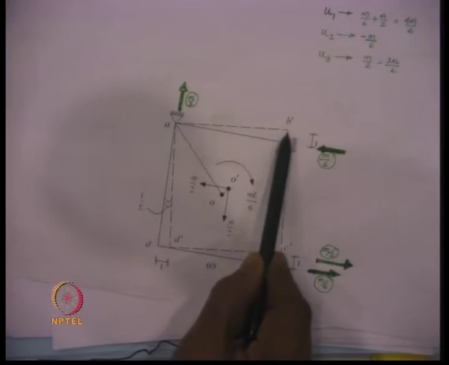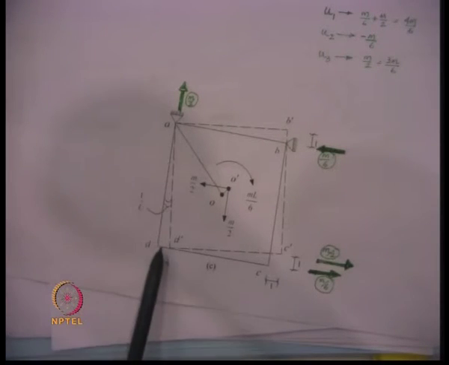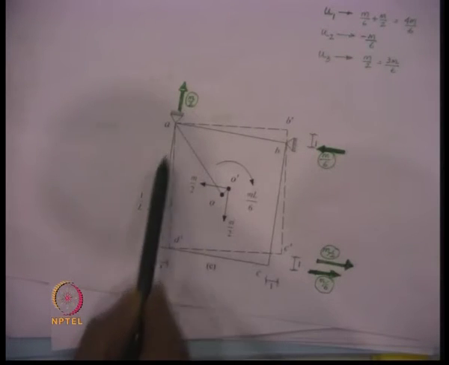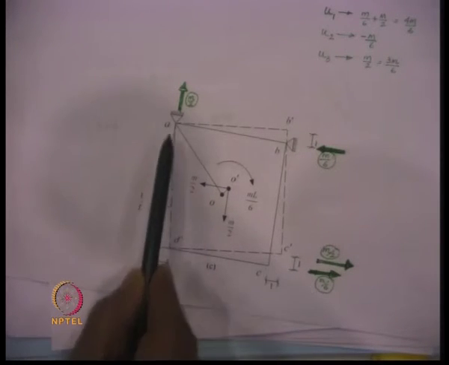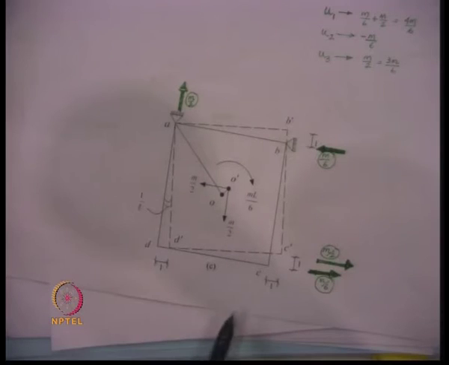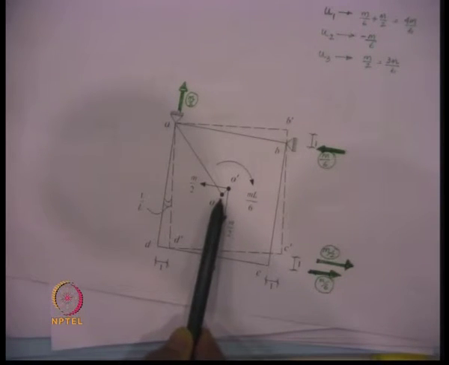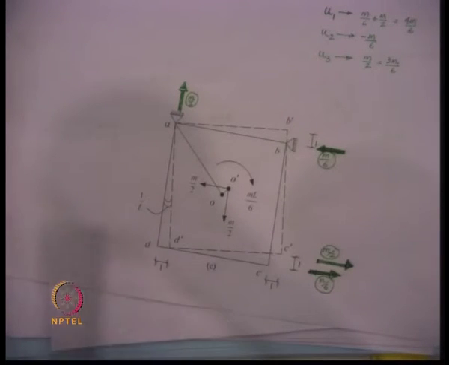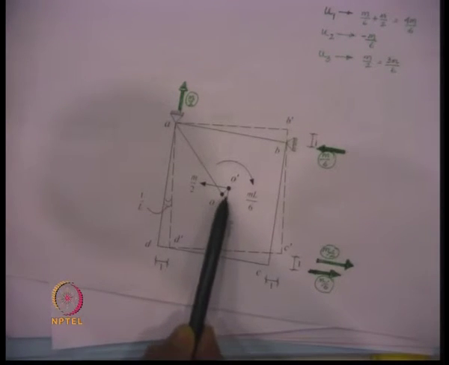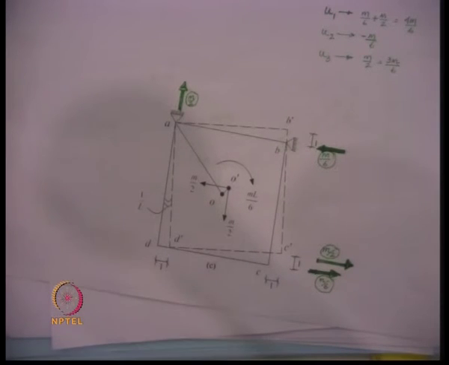So, this line now becomes like this. So, the configuration of this rectangle becomes the dotted rectangle after we have given a unit translation over here. Now, in the process, the original center of this square now moves to this point.